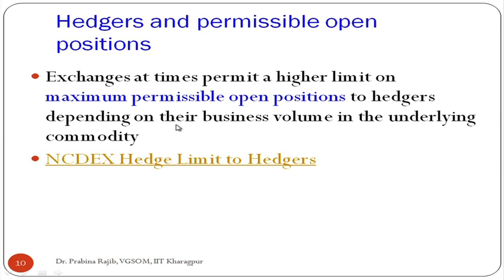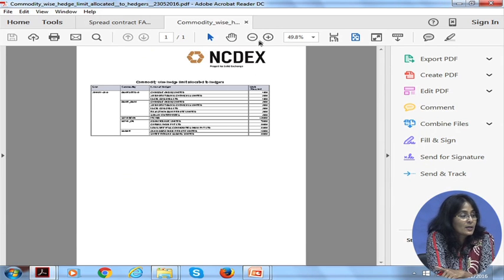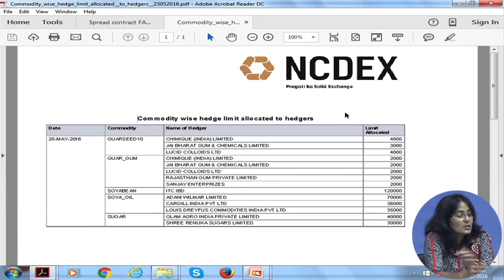One thing I would like to also share here: exchanges at times permit or allow a larger amount of maximum permissible open position if they are hedgers. So, NCDEX, this particular slide. This link of NCDEX shows what are the amounts of limit allocated to different hedgers.